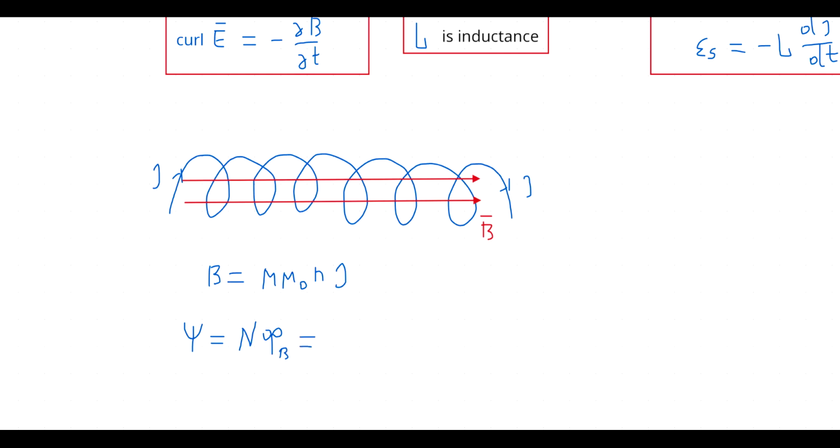And this big letter N is equal to N multiplied by phi B.